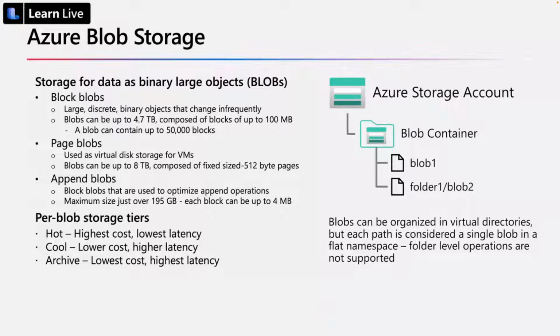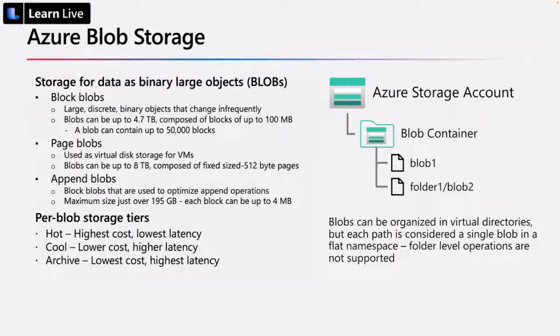If you're creating a storage account and working with that object storage piece, you're really going to be working with block blobs and append blobs. I think page blobs kind of fall into that managed offering over on the disk side.